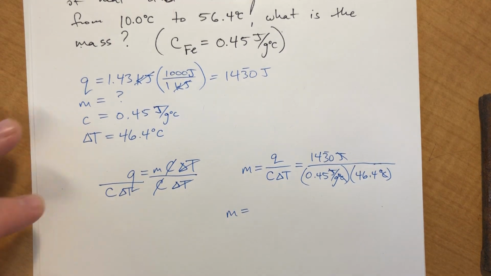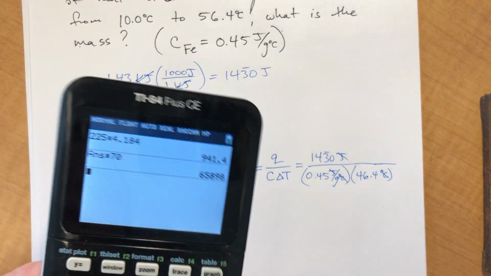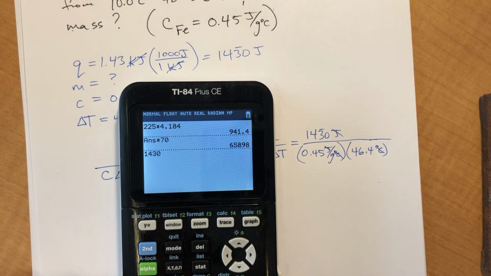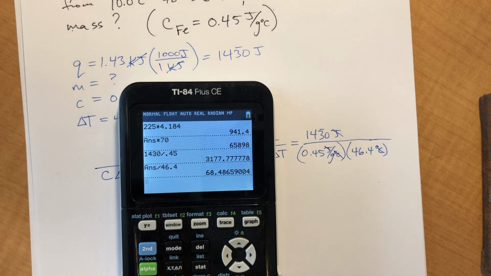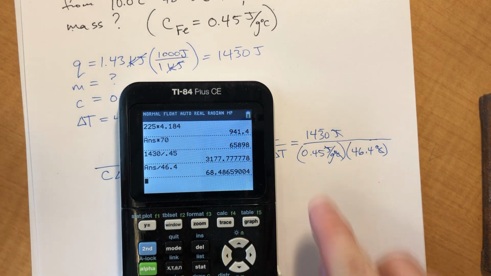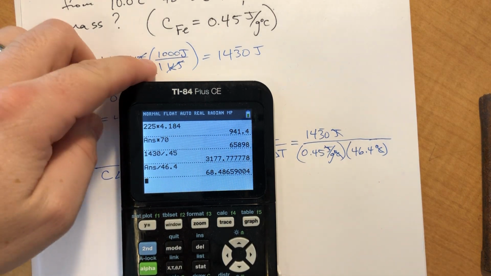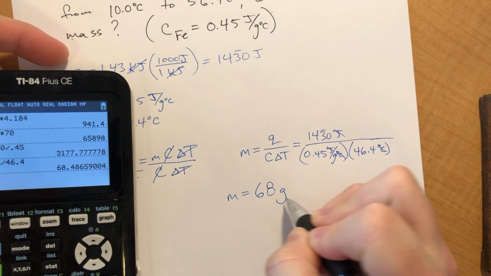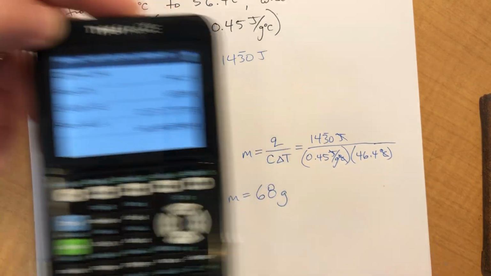So m is whatever that number comes out to. We take 1430 divided by 0.45, divided by 46.4. I got an answer of 68.4, but this only has 2 sig figs, so we'd round down. The answer is 68 grams.